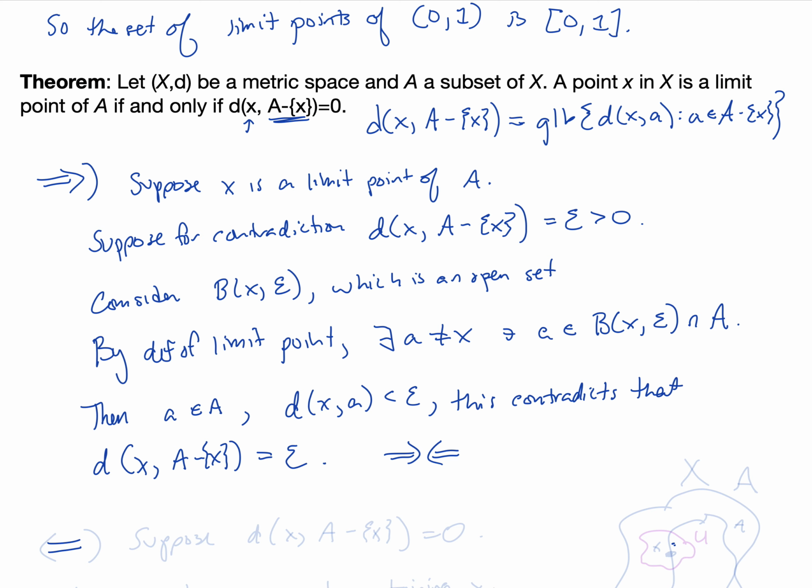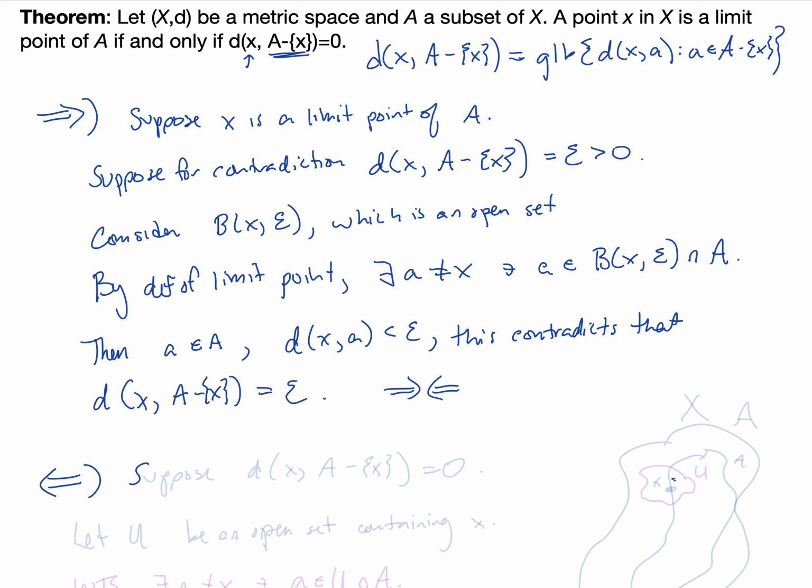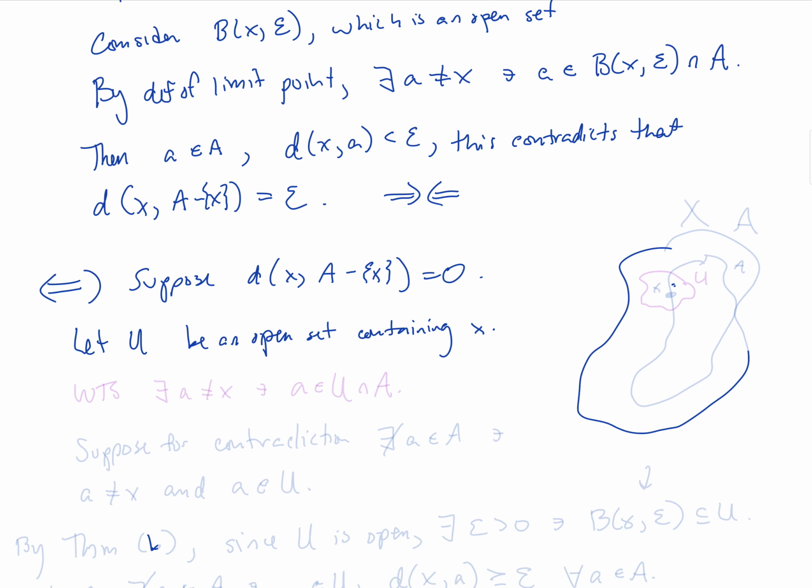Now to show the reverse implication, let's suppose that it is true that the distance between x and the set A minus x is equal to 0. We want to show that x is a limit point for the set A. So to show that, we can let U be an arbitrary open set containing x. Let's draw the picture we've got so far.